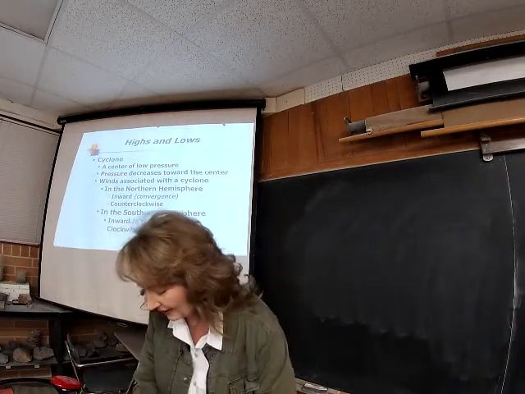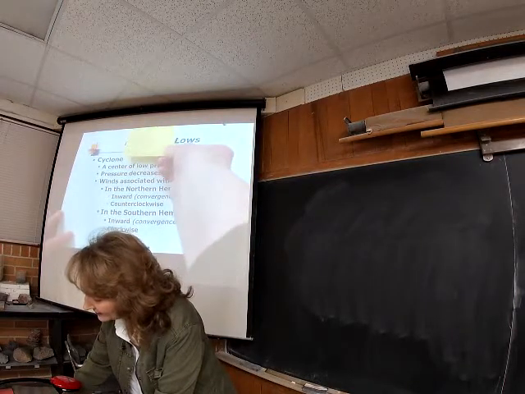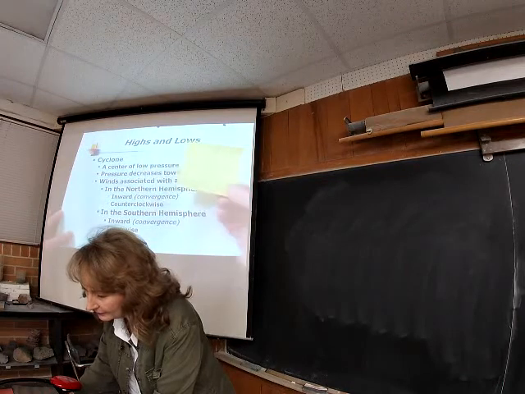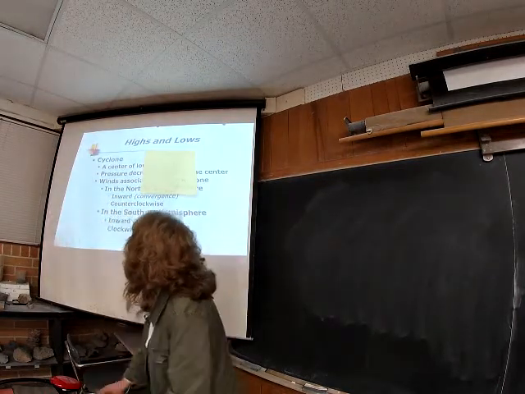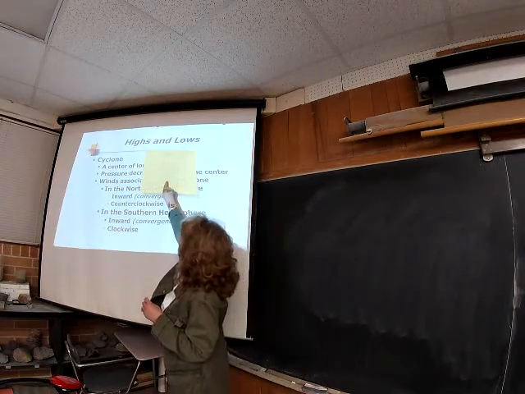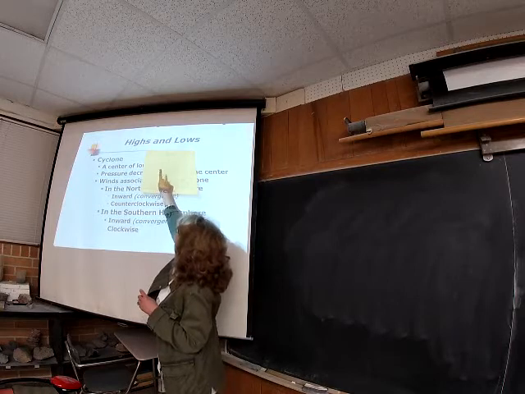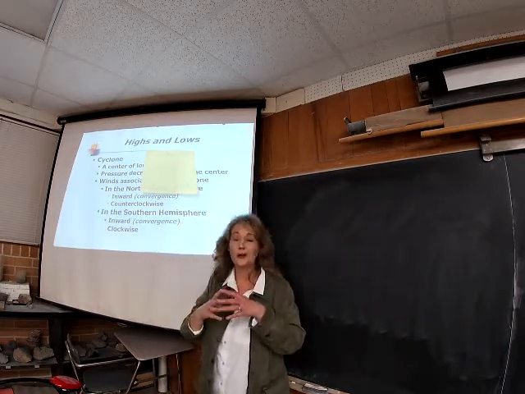Let me show you that. They'll be showing this as well, but this is a low, I'll put it right here. I don't know how well that's going to show for us, but we've got a low pressure system. Now remember, that gradient is always going to cause the winds, whatever direction they're coming from, to go towards the center.